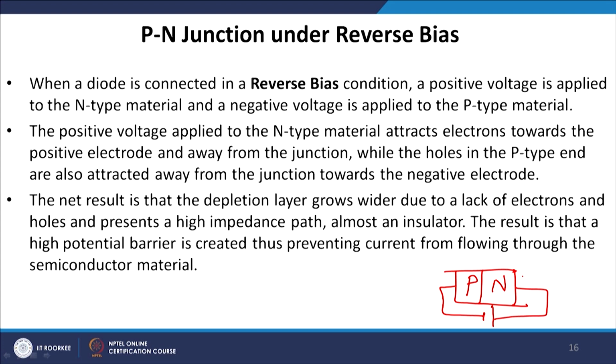So, once the width of the depletion region increases, it provides a high impedance path, almost an insulator, and that prevents further charge carriers from moving across the junction. That is why the current is very low in this kind of reverse bias junction.